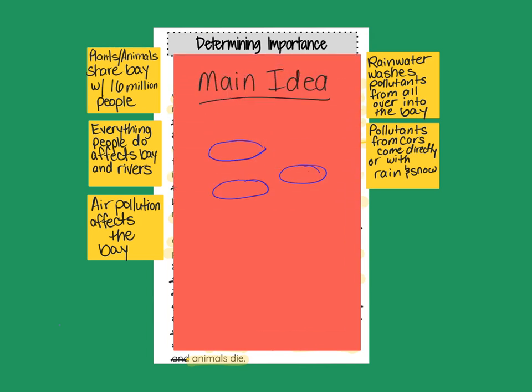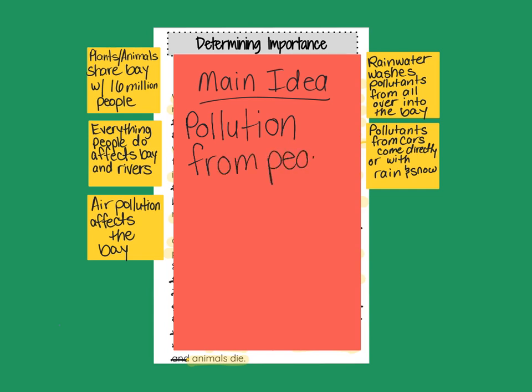So back to my main idea and what this text is mostly about. So I have pollution. I'm going to say it's from people because it's important that we have what people are doing here.